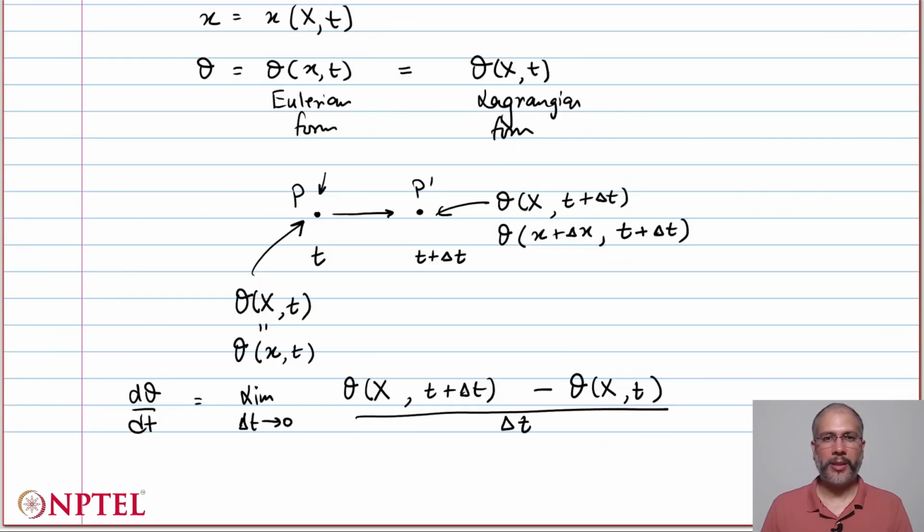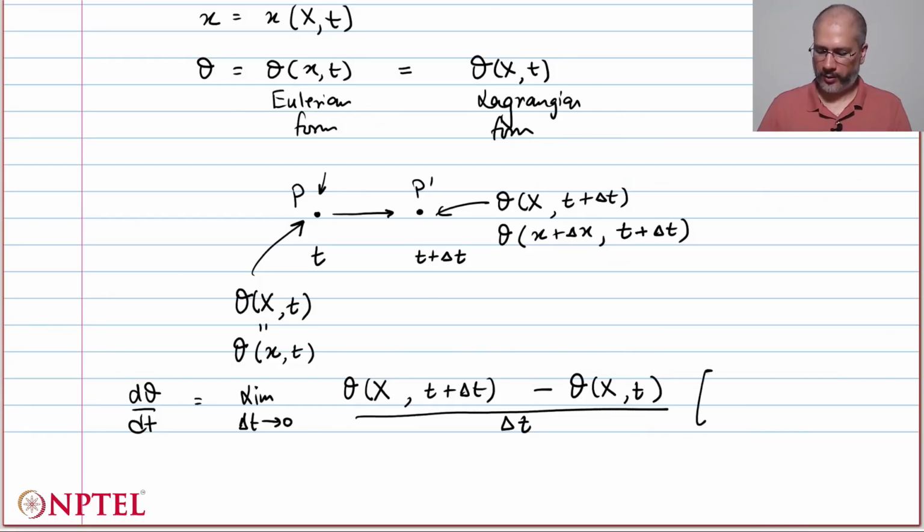So you can see this is the material derivative because we are sitting on the same material particle and measuring the change in theta. Change because first we measure the temperature at time t, and then we measure the temperature at time t plus delta t. So I'll write it down that this is by the definition of material derivative.